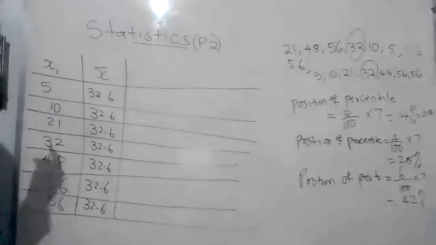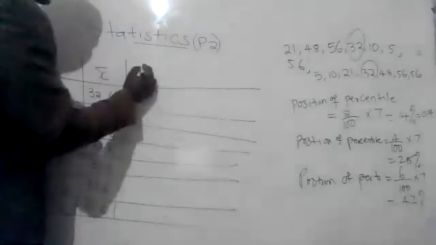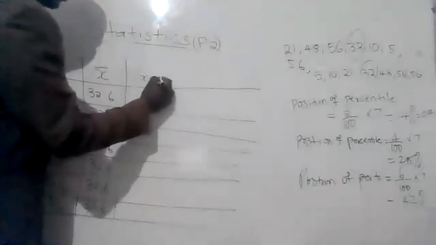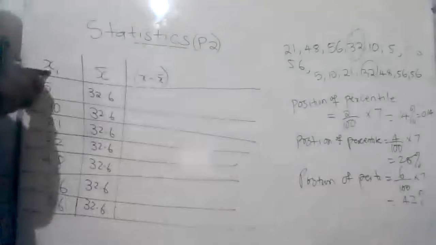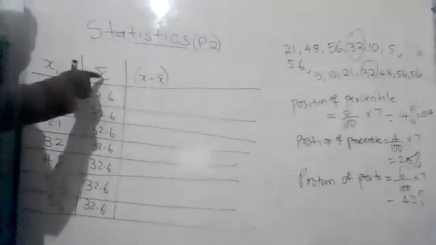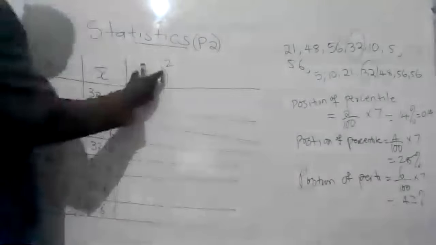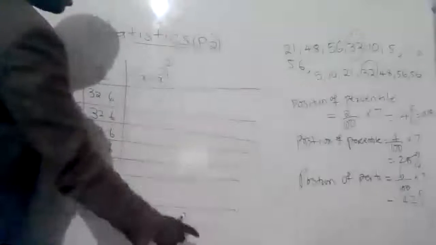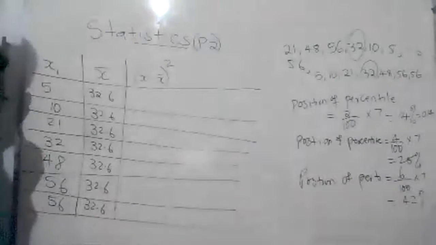And then on that mean, we have to find the difference between the data and the mean. And then that difference, we must square it like this. Some find the difference and then square the difference at the same time here.